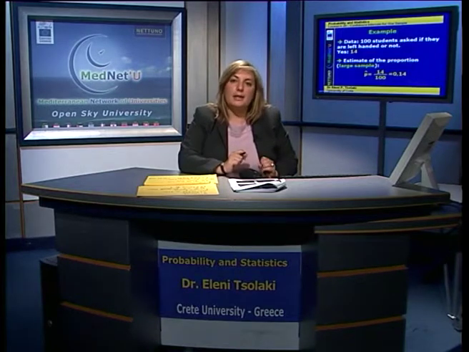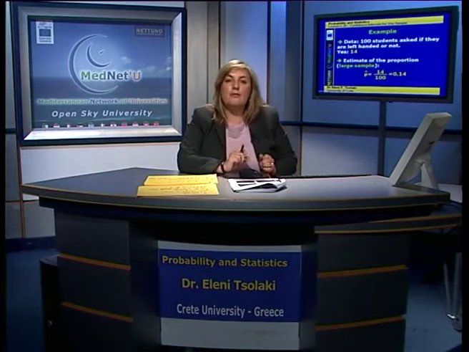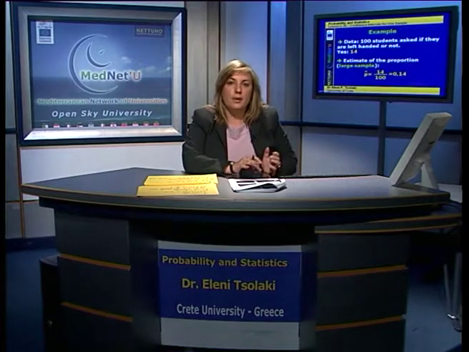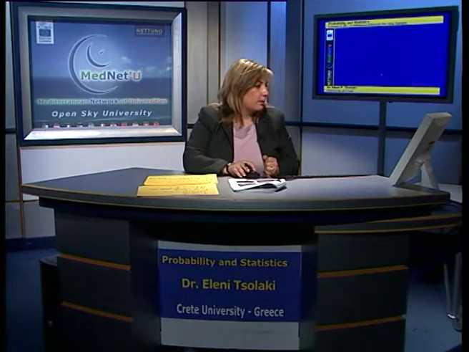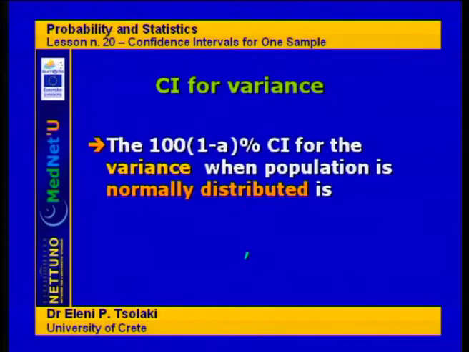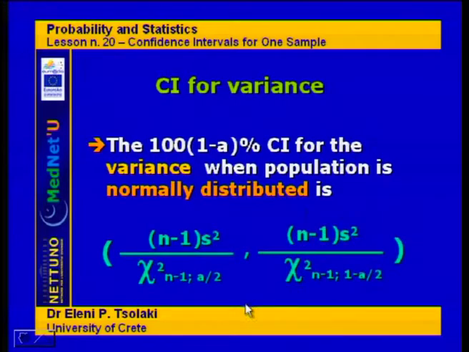Now, let's see confidence intervals for the variance of a population. The 100 times 1 minus a% confidence interval for the variance, when the population is normally distributed, and this is important, is given in this formula.